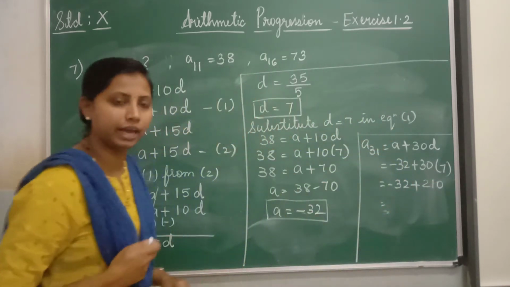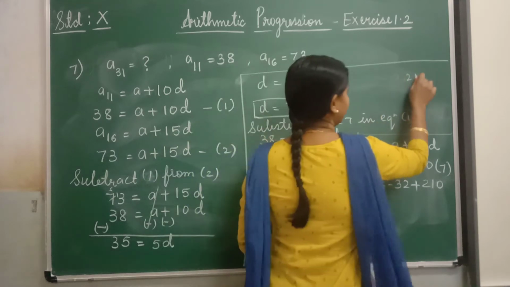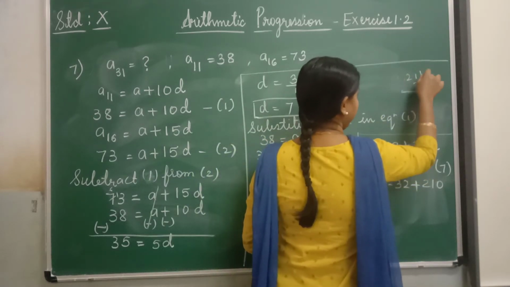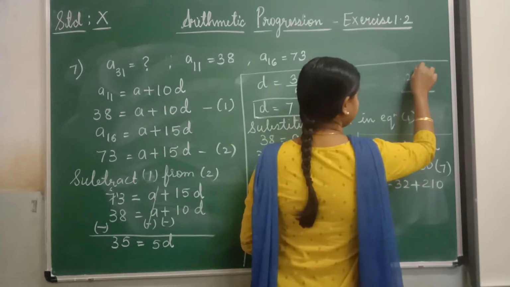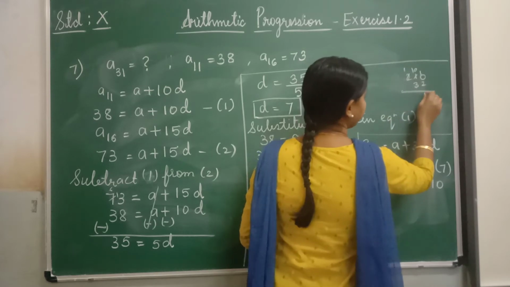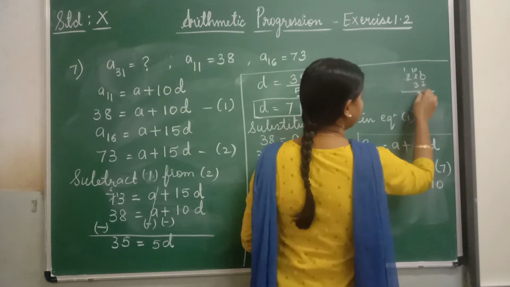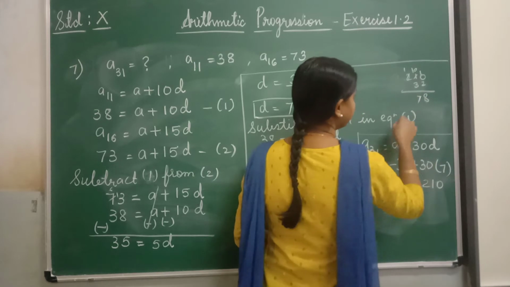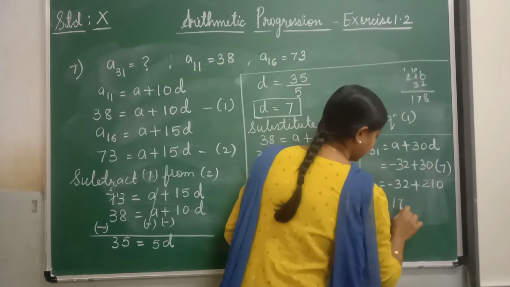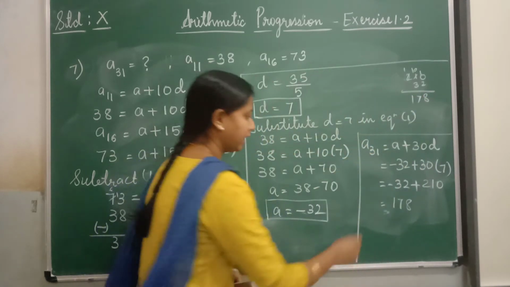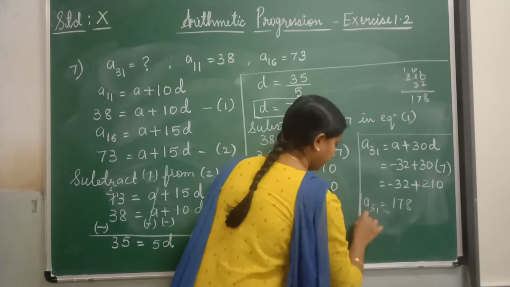So 210 minus 32, what do you get? You get 178. So the 31st term of the AP is 178.